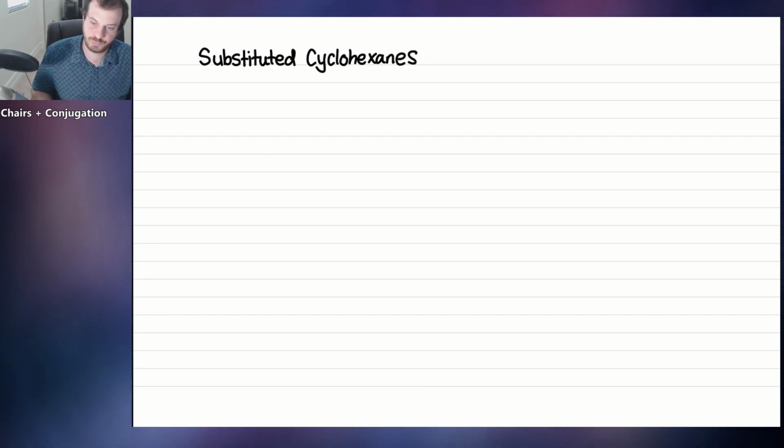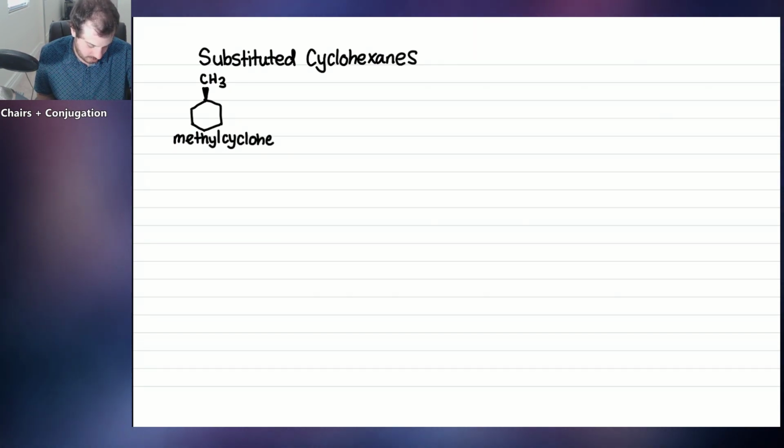All right. So let's take a look at a very simple substituted cyclohexane: methylcyclohexane. It's a cyclohexane that has one methyl group on it. Let's draw the chair form of this cyclohexane.